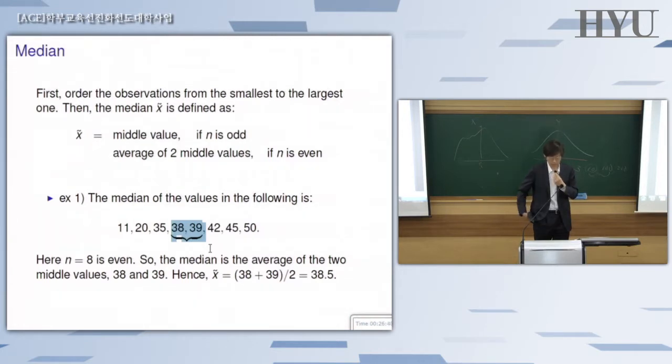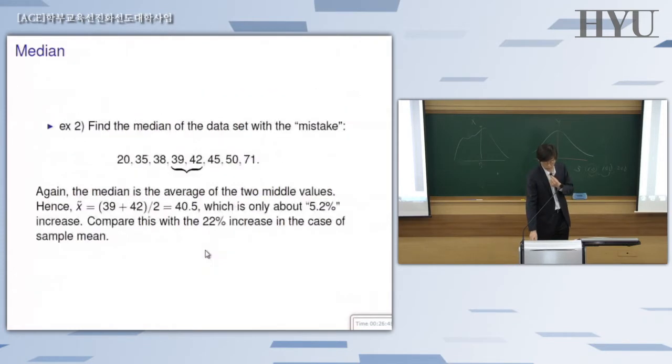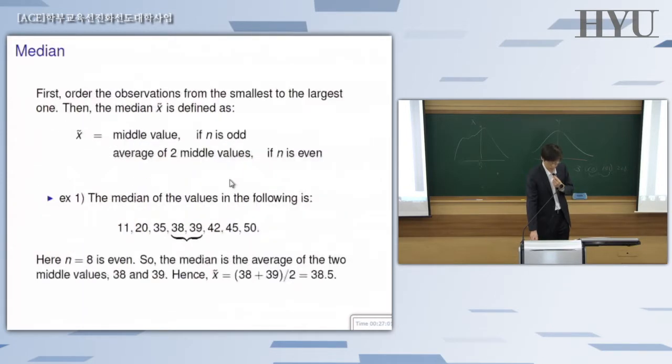Now you repeat the same sort of computation when you introduce the unintentional mistake. 11 now disappears, and now there's a wrong number, 71, that appears. Just like the same sort of exercise that we did in computing the sample mean. Otherwise the same. Now those two values in the middle of this distribution, one of them changes.